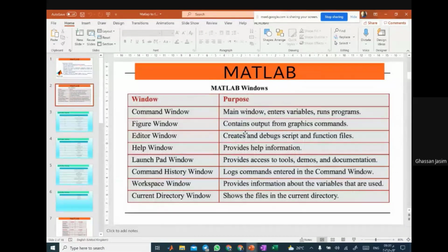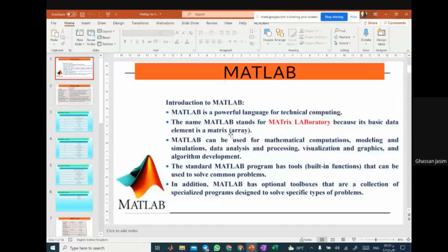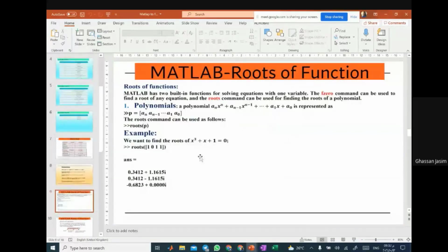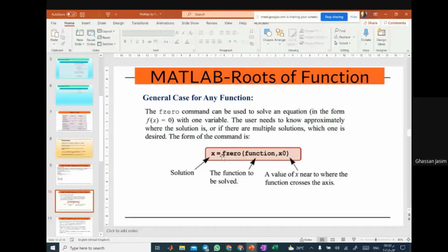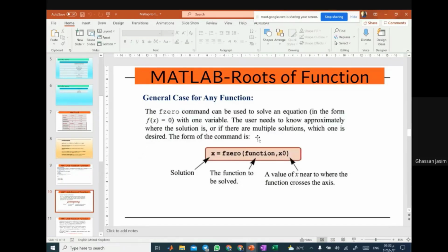We will take an introduction. We will try to solve some equations to find roots, like we did today. We will use some functions like fzero and roots. These are commands used in MATLAB.